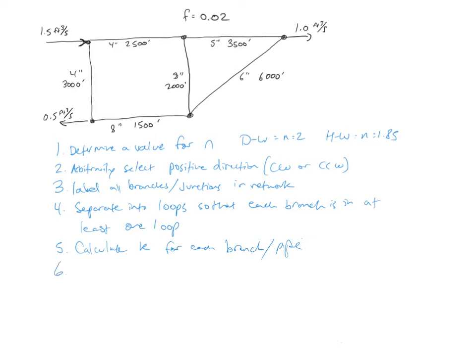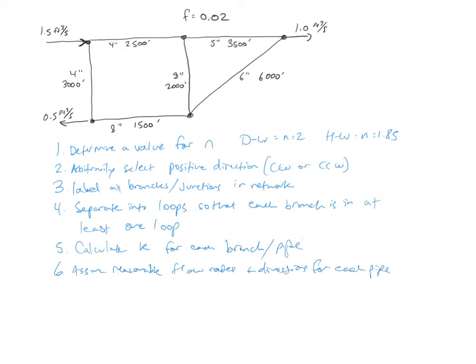Step 6 is where we assume reasonable flow rates and directions for each pipe.